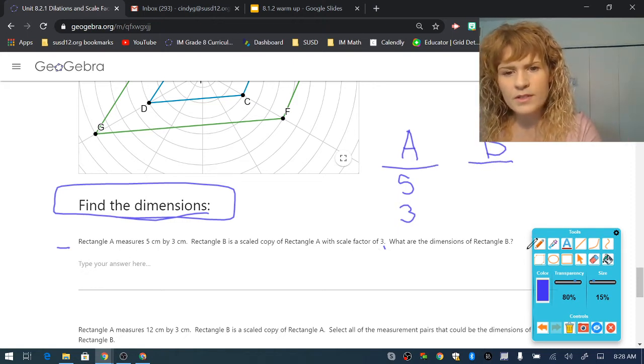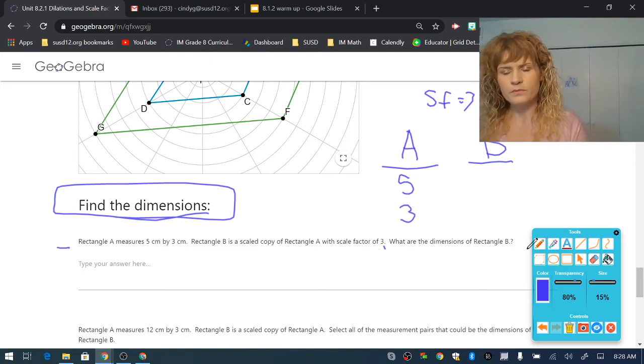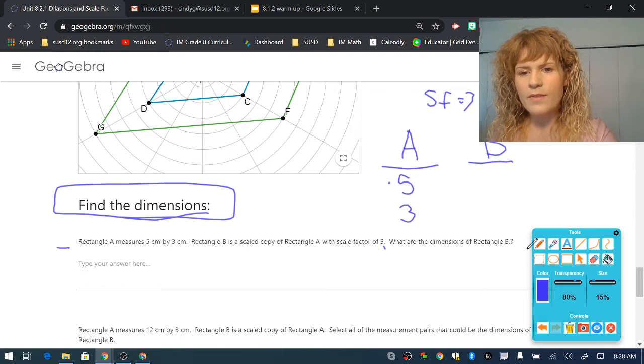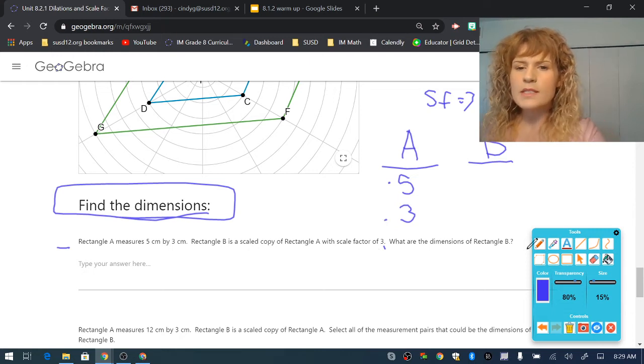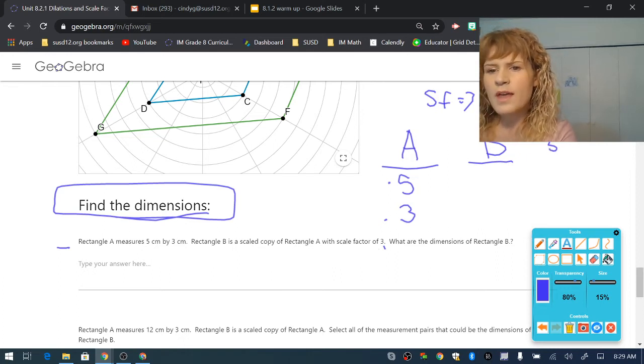The scale factor is equal to 3. So I'll write that down. Scale factor equals 3. I need to multiply the lengths of the sides of A by 3 to get the dimensions of B. Let me explain that. If this is rectangle A, I'll just draw it small, and this side is 5 and this side is 3, then rectangle B is going to be 3 times as long and 3 times as high.